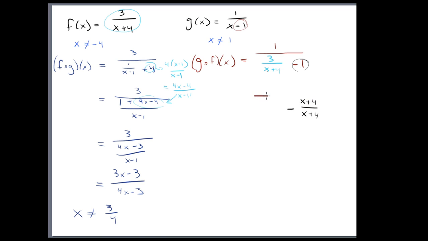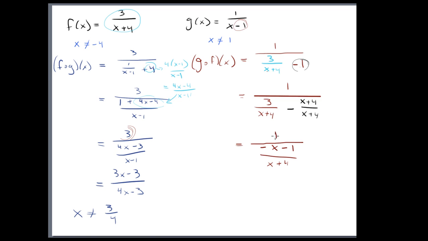Let's do better than that. Draw a line, 1 on the top, 3 over x plus 4 in the denominator. 3 minus 4 is minus 1, so this is minus x minus 1 over x plus 4. And all of that is beneath a 1, just like all this over here was beneath the 3.